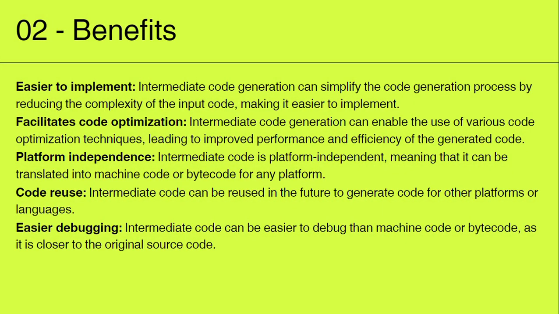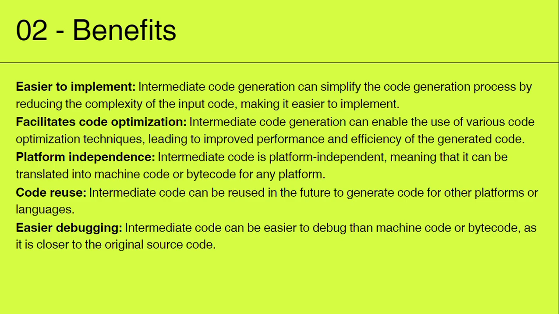Let us come to the benefits. Benefits are of 5 types. We have many, but we are taking the important ones: easier to implement, facilitates code optimization, platform independence, code reuse, easier debugging.